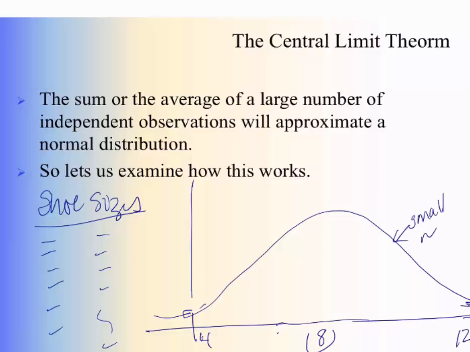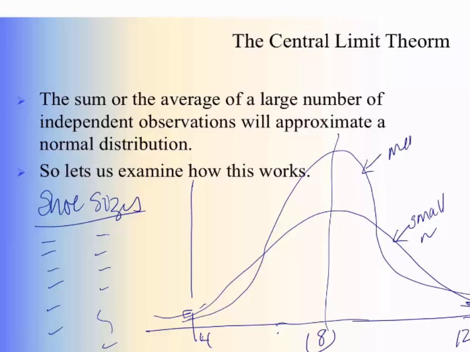n. But then if we gathered more shoe sizes, we'd start to see this, where our middle point, and it's actually the standard deviation, starts to shrink in a little bit. So this is kind of a medium size n.